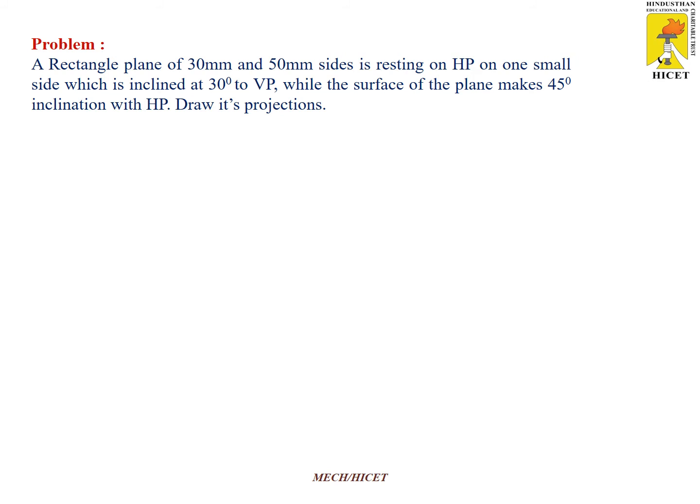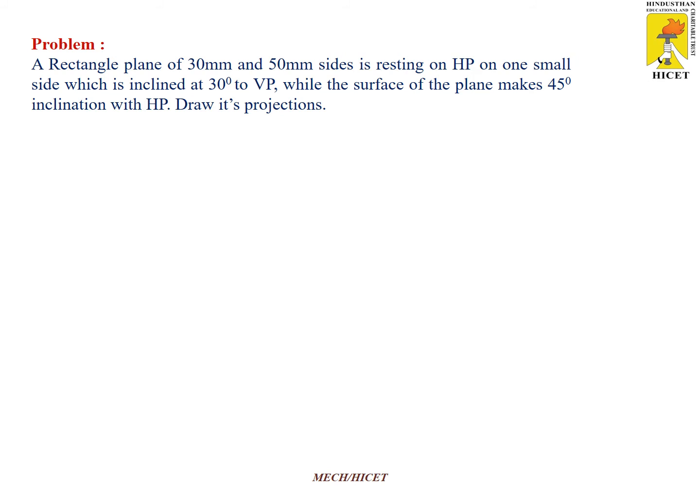It is normally resting on the HP. Resting on the HP means when you see from the top view, you will see the rectangular object. When you look at the vertical plane, it looks like a line only, a single line.